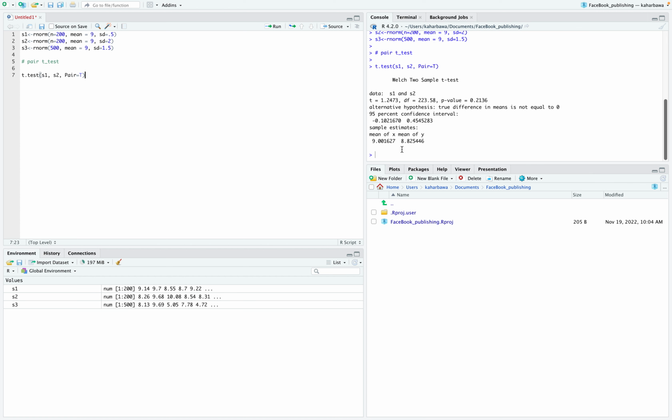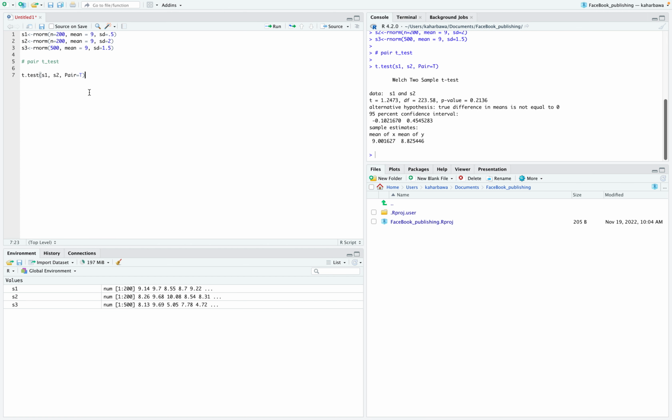Another case is if your samples are different in size. You see here my sample 3 is 500. Sample 3 does not have the same size as 1 and 2. So a t-test will not be appropriate if you were to use sample 3 and sample 2, or 3 against 1. The Wilcoxon test will be appropriate. When the data doesn't follow a normal distribution, a t-test is not appropriate. Wilcoxon is appropriate. Again, if you have different sizes in your samples, Wilcoxon will be more appropriate.